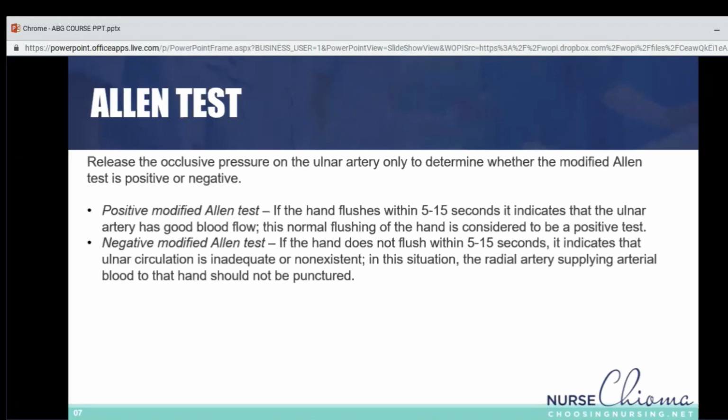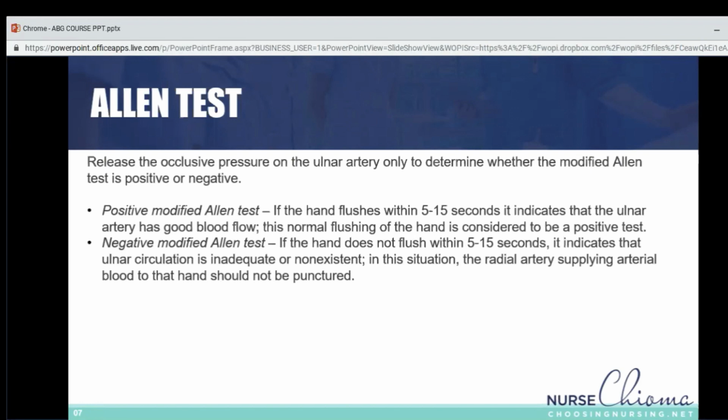So a positive modified Allen test is when the hand flushes within 5 to 15 seconds, which indicates that the ulnar artery has good blood flow. And this normal flushing of the hand is considered to be a positive test.